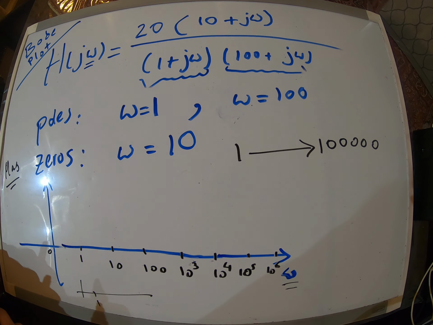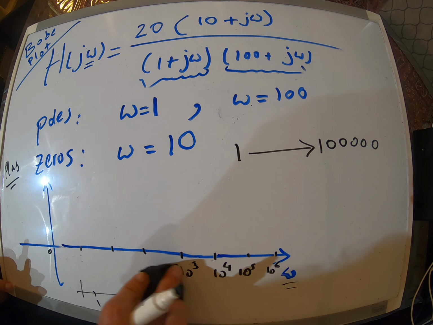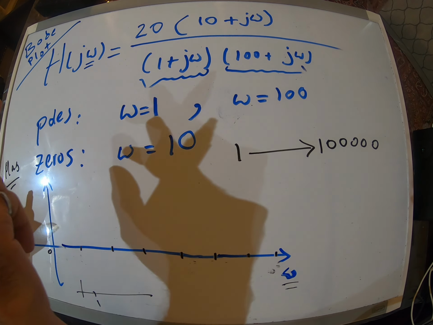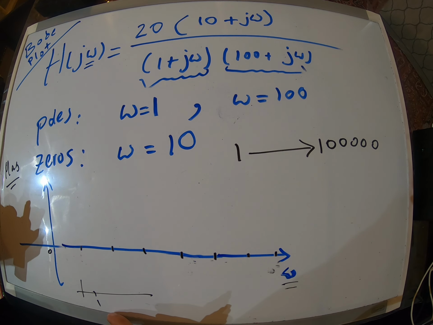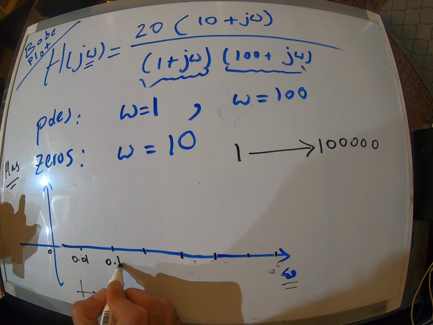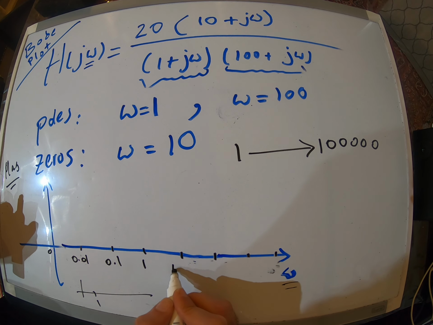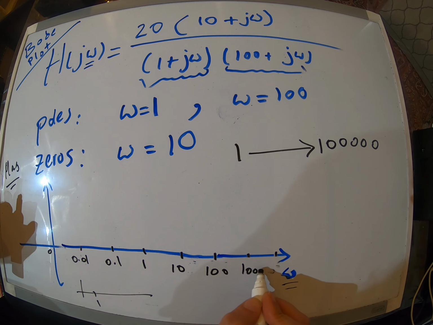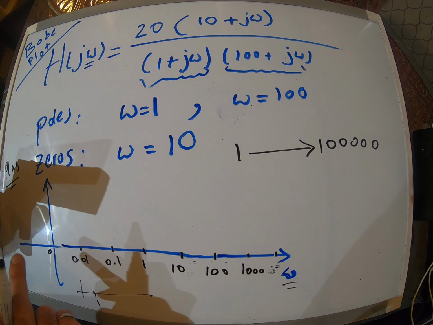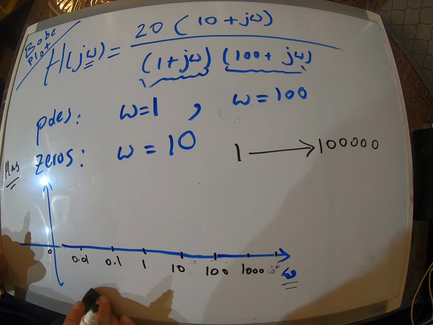If you want to see, for example, what happens at frequencies smaller than 1, because you want to know the behavior of this transfer function at very small frequencies, then you can start from 0.01, 0.1, 1, 10, 100, 1000, and so on. This part depends on the problem and where you want to focus.